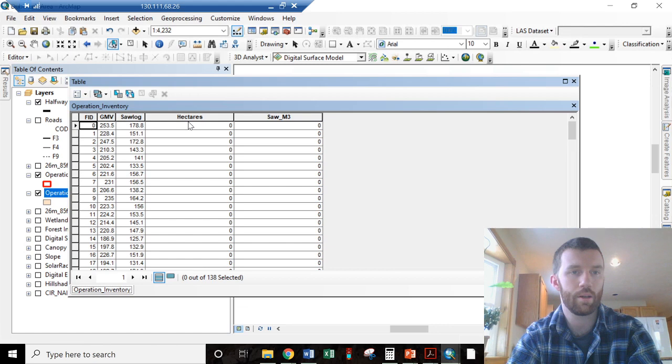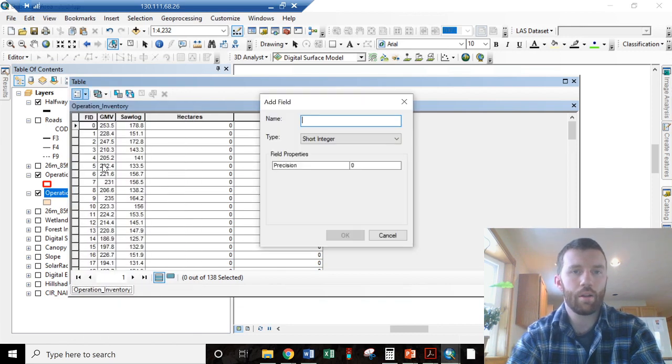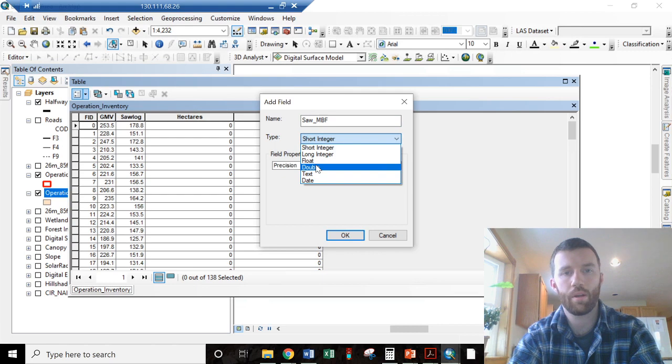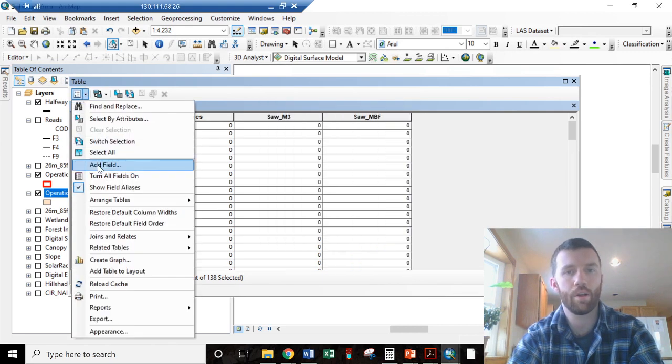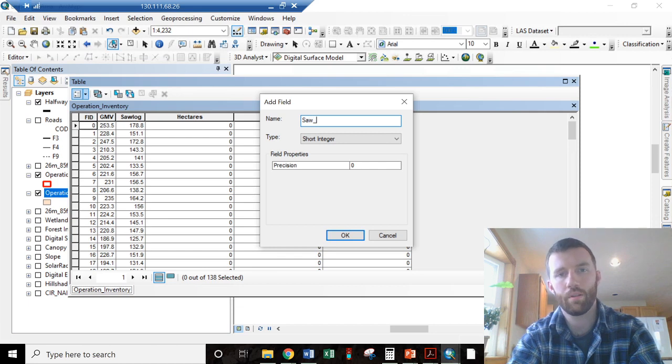This is where we're going to calculate the actual size of the cell, and then we're going to calculate the total saw log volume, which is that times that. And then add another field, so saw MBF, and that's again going to be type double, okay, and finally saw log value. Saw log value, which is going to be type double again.